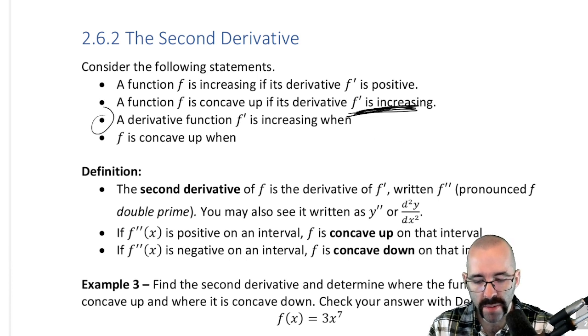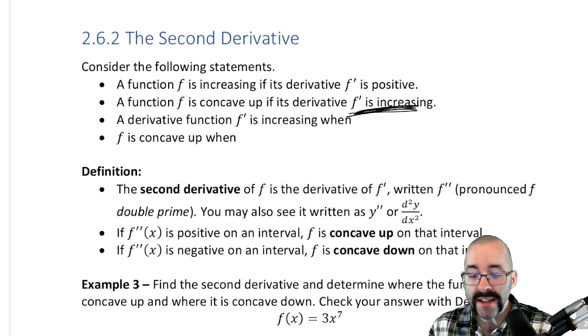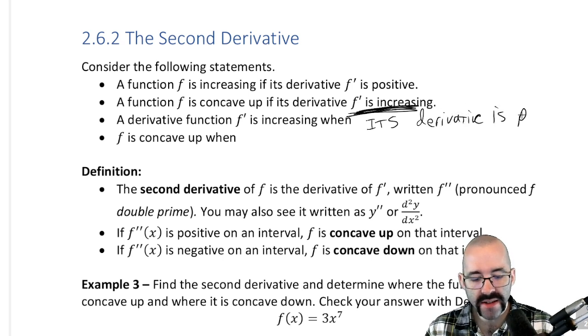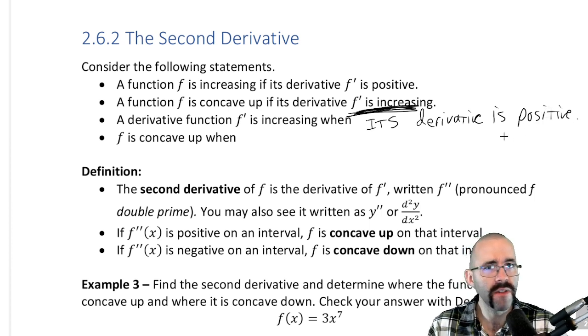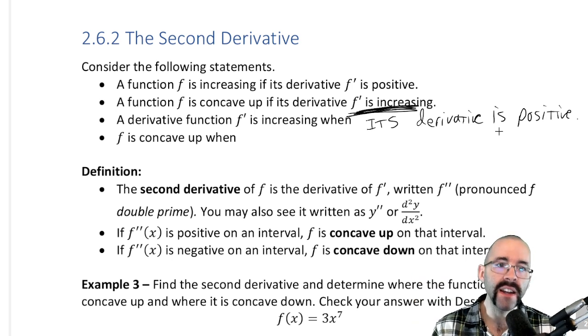That's this third bullet point. F prime is increasing when its derivative is positive, right? The derivative is also a function. F prime is a slope function, we say. It's the slope of our original function.